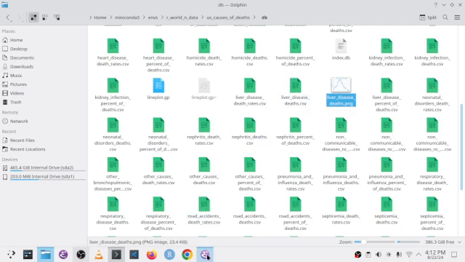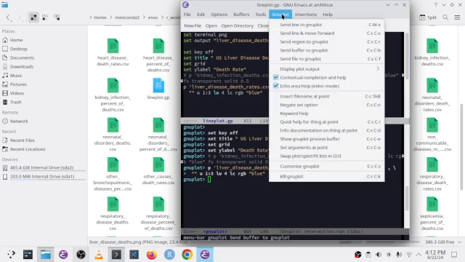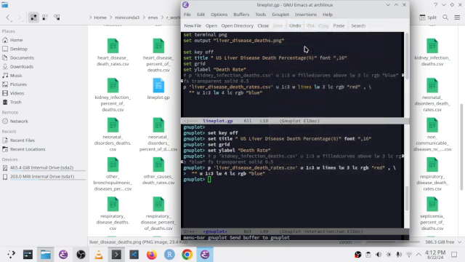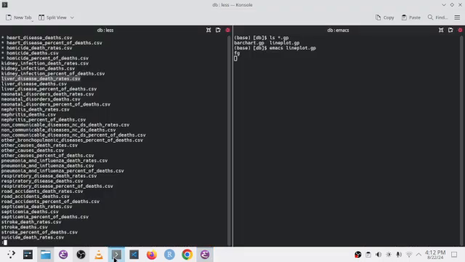That's sort of interesting. Maybe I didn't actually, well, I did run it, didn't I? There isn't a reason why this shouldn't work, is there? Maybe it's not called death rates. Let's see over here. No, it's called death rates.